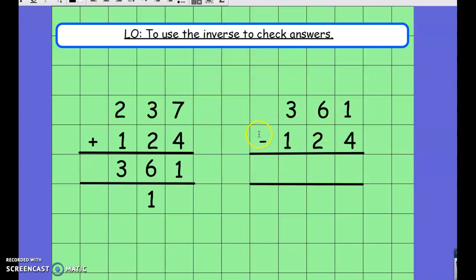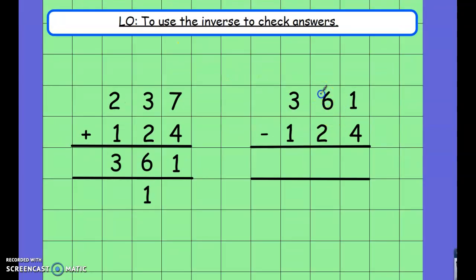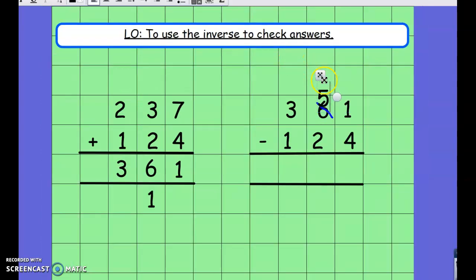Right, 1 take away 4, I cannot do. So I'm going to exchange one of my 10s for some 1s, so this is now 11. So I can now do that. 11 take away 4 equals 7.